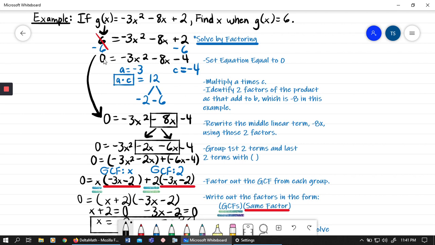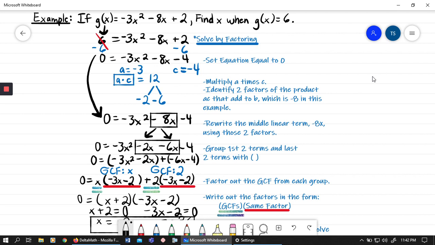So again, make sure if you're going to try to do this by graphing, which I'm about to show you, that you're using this equation where it is already set equal to 0. So you're using this equation: 0 equals negative 3x squared minus 8x minus 4. Okay, where the equation is set equal to 0 before you try to graph it and solve it by graphing.